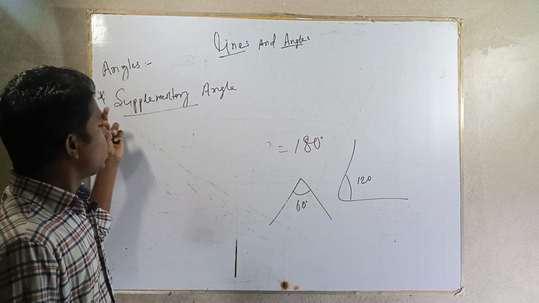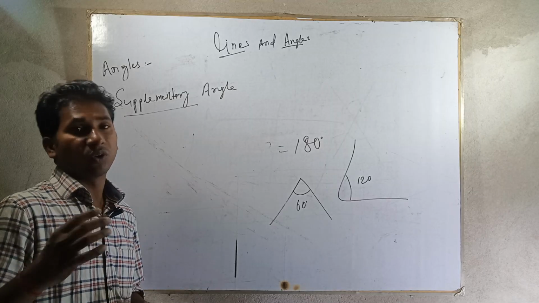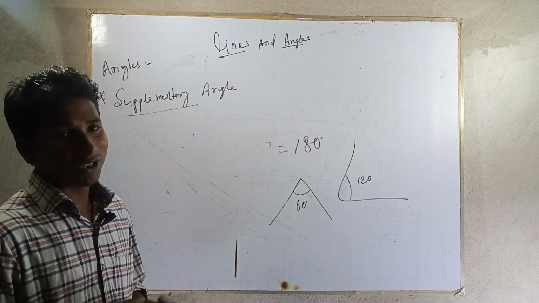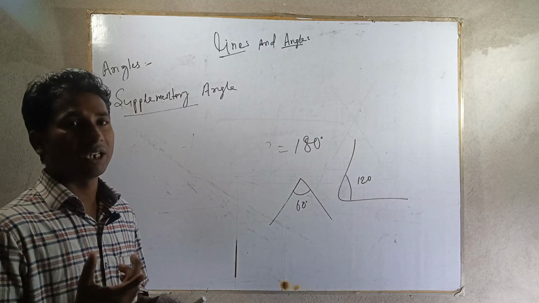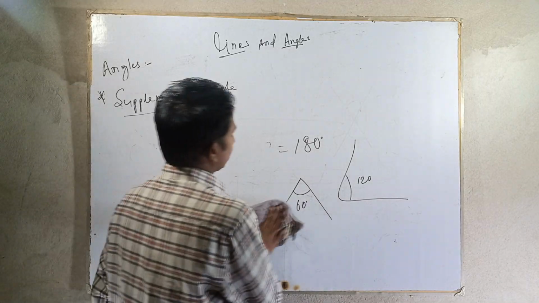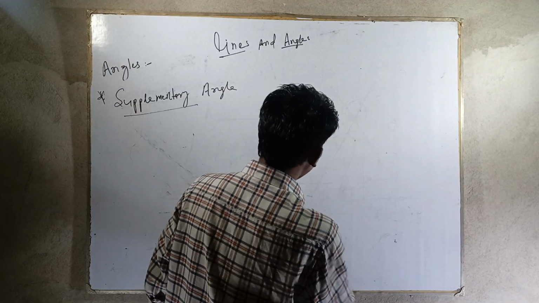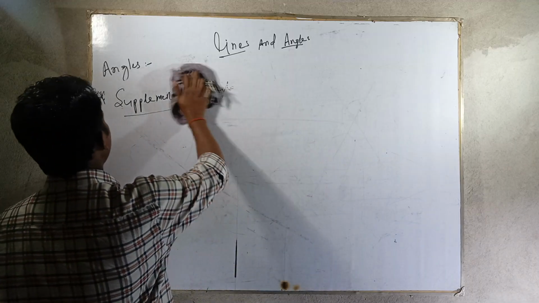If you know all these things, there will be no doubt for you, and you will understand yourself. You can solve so many questions by knowing these things. First, there is a requirement to know all these things. So what is a supplementary angle?